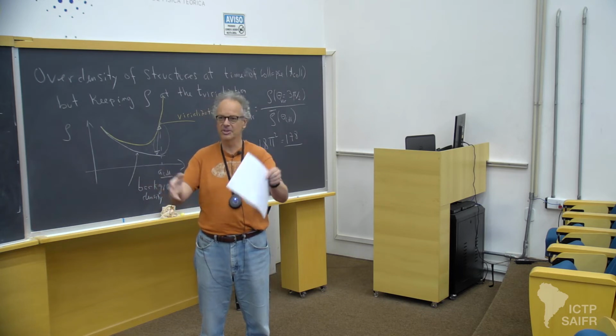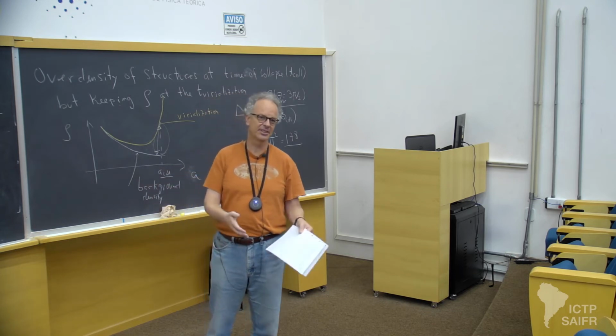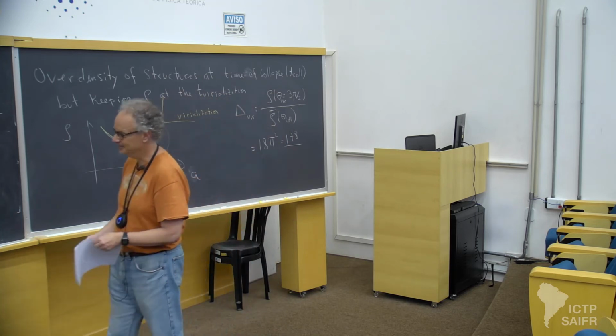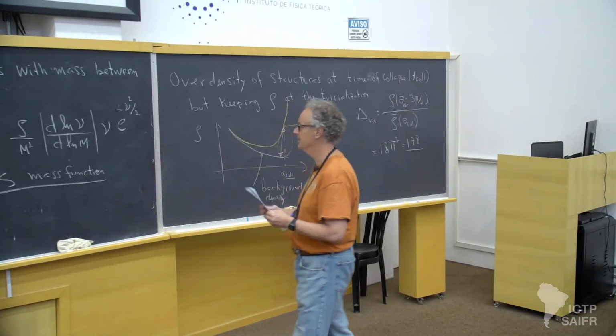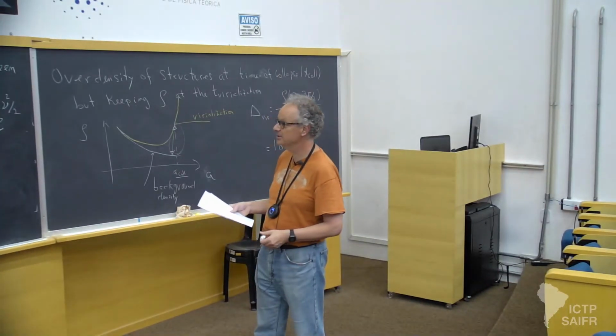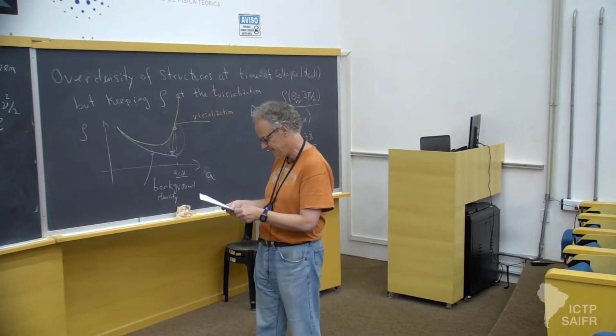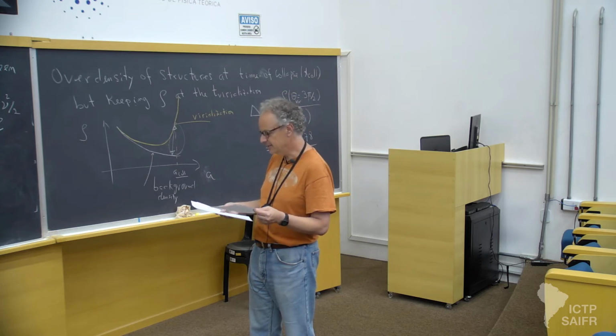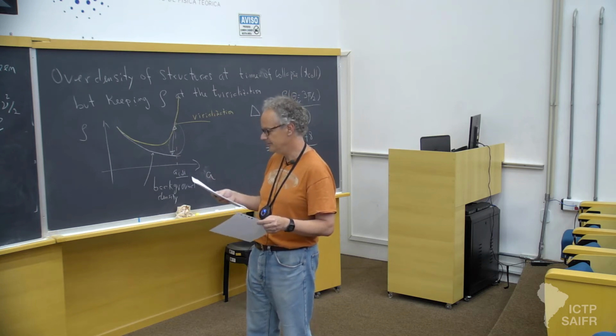In simulations, you have to find halos, of course, which is not easy, but the Press-Schechter mass function is not very different from what you find in observations. And this is the simplest possible so-called mass function.